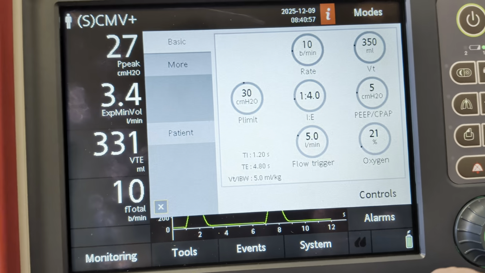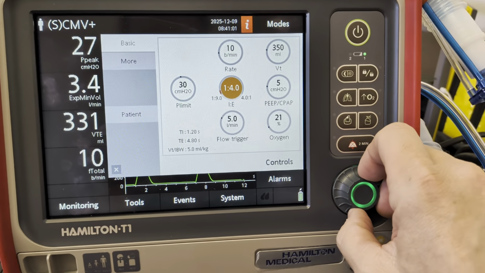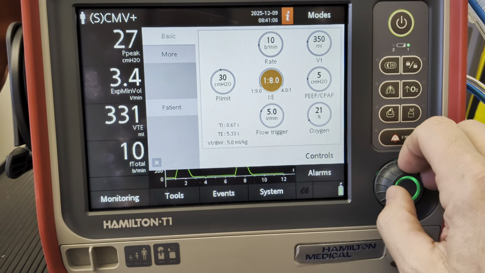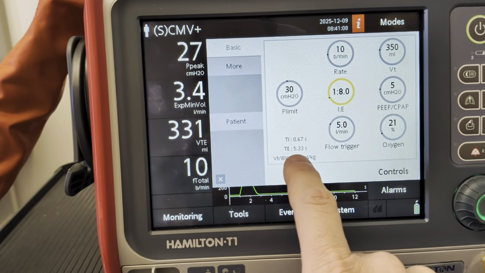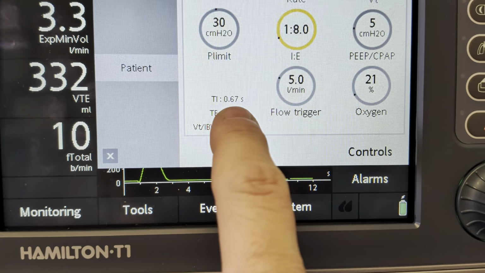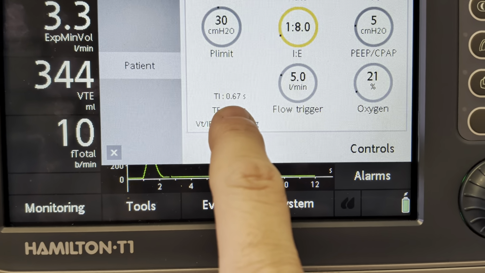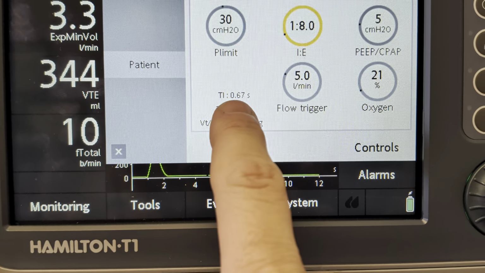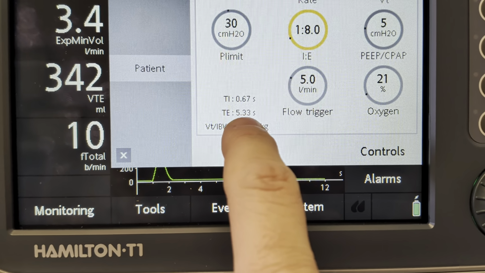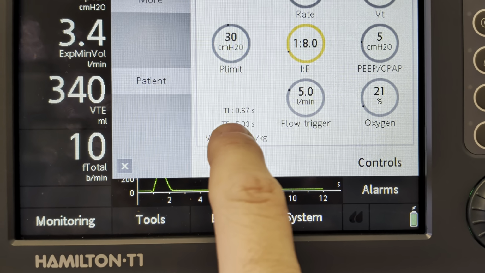So if we go back into the controls, I am going to adjust the I to E ratio, and I am going to give this patient, say, a 1:8, and you can see what that's done to the I time. The I time is now shortened. It's actually less than a second, 0.67 seconds. So for every breath, 0.67 seconds is spent inhaling, whereas 5.33 seconds is spent exhaling.